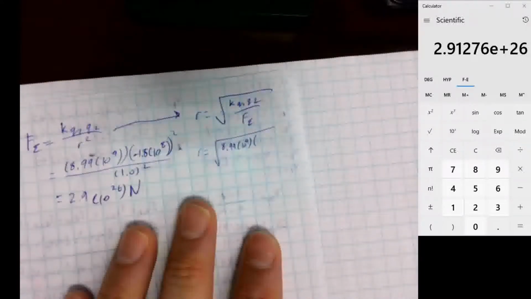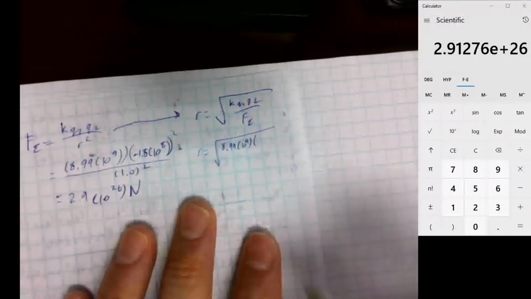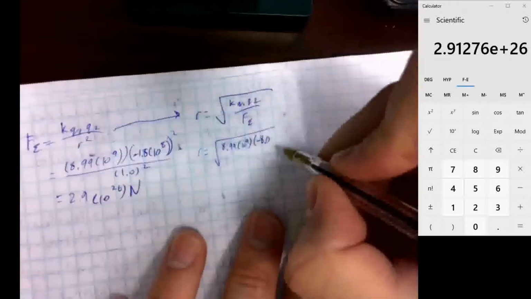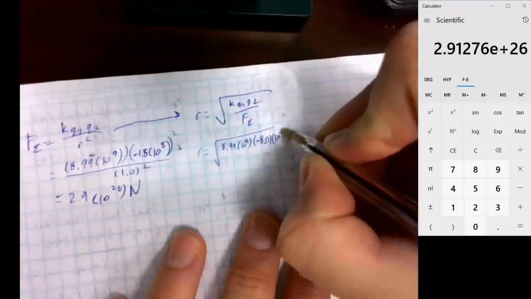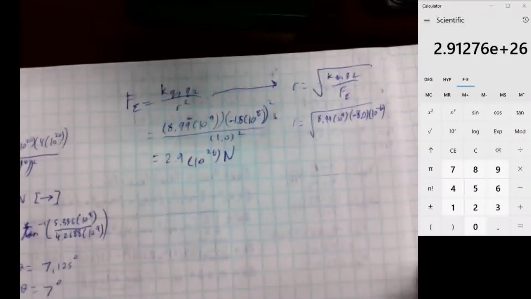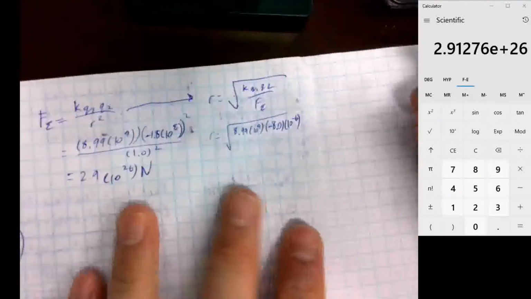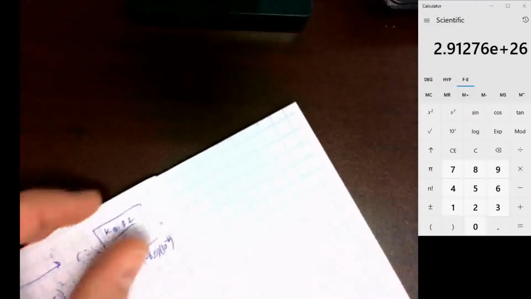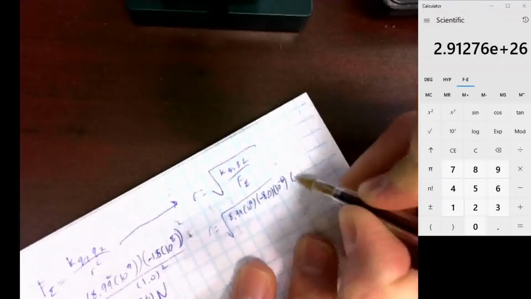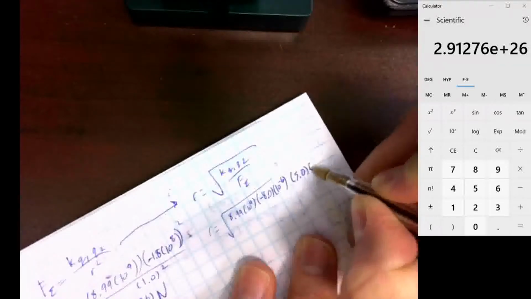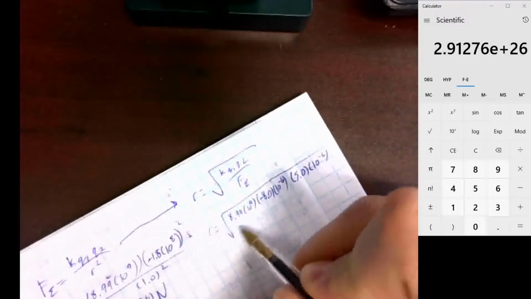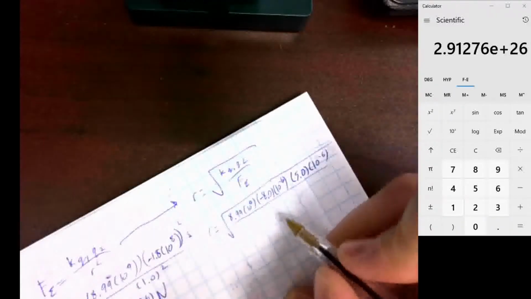Just a second, I need to slide this over so I can read it. This is -8.0 times 10 to the negative 6, and the other charge is 5.0 times 10 to the negative 6. And this entire thing is divided by 0.5.